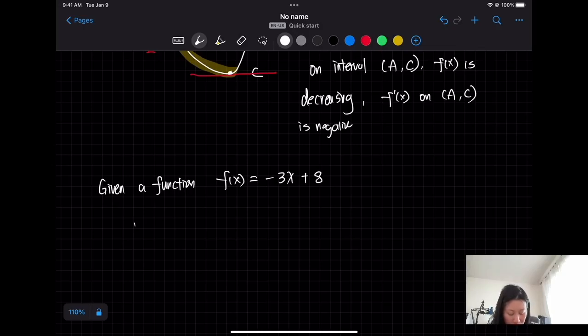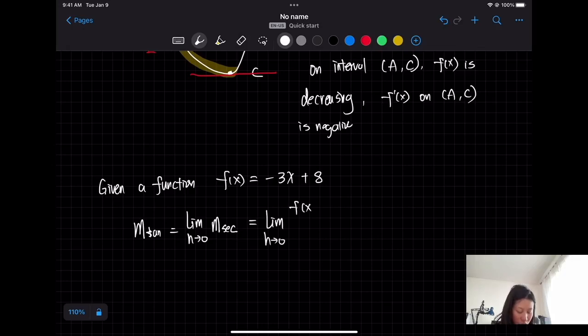Well, remember by the definition, the slope of the tangent line is equal to the slope of the secant line as h approaches 0. So the slope of the secant line, how do we find it? Well, the slope of the secant line is equal to the difference quotient, right?